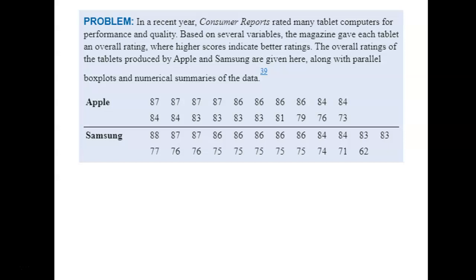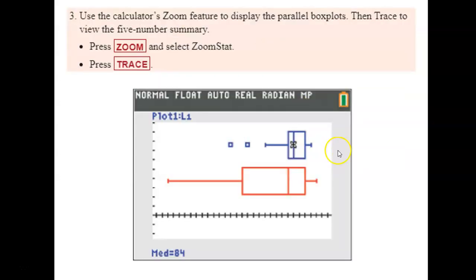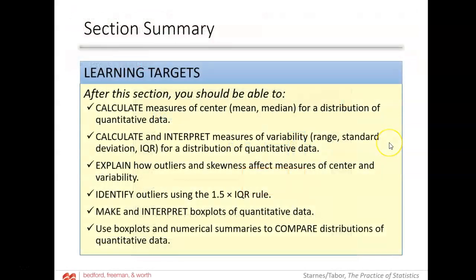So is that truly because of the product? Is it because of who's measuring these? I'm still a little confused about this. They rated many tablet computers for performance and quality. Who's doing this rating? Are these customers of Consumer Reports, like readers? Are they people who work for them? I don't know. I'm going to be honest. I don't love Apple products, so I think I'm a little passionate about this for the wrong reason.